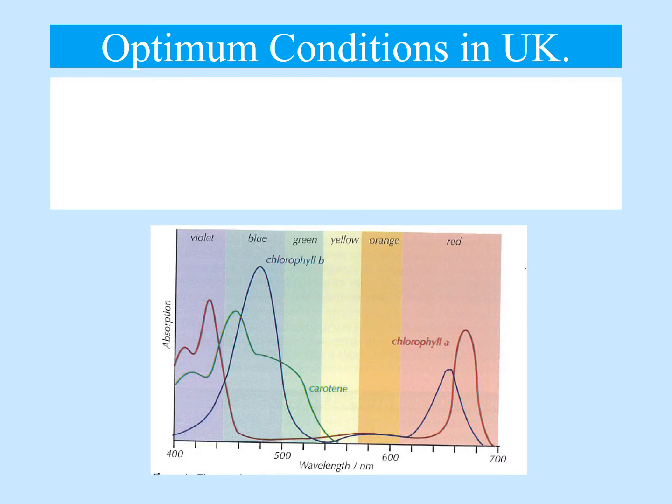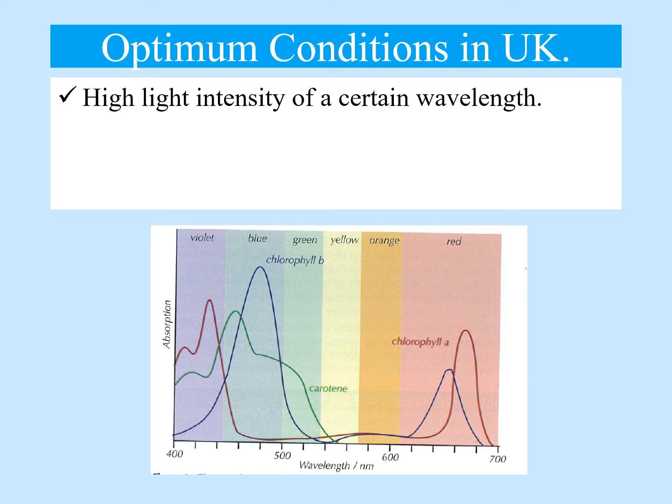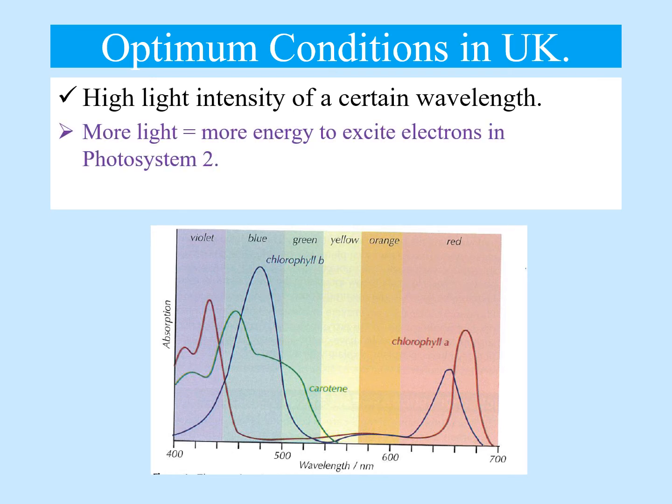The other thing is that we need light intensity of certain wavelengths. More light gives more light energy, but different pigments absorb different amounts of energy.